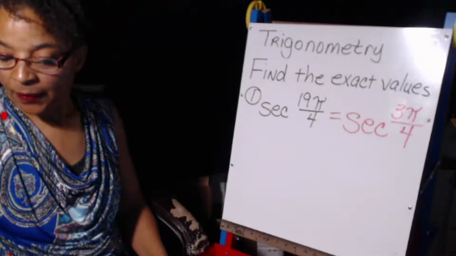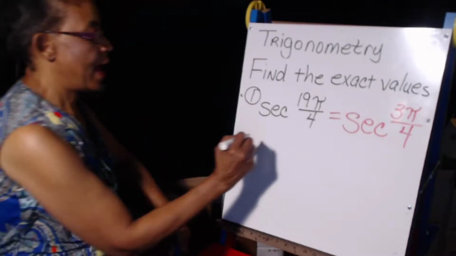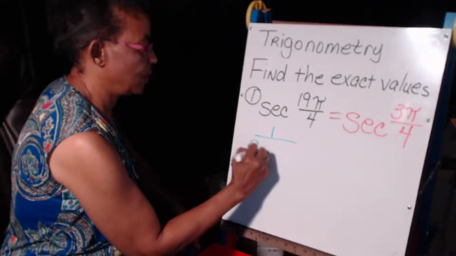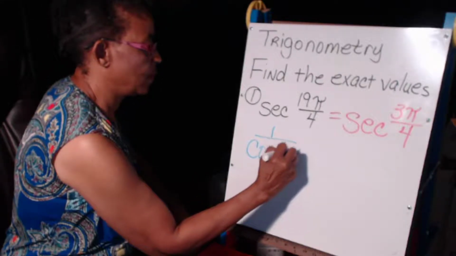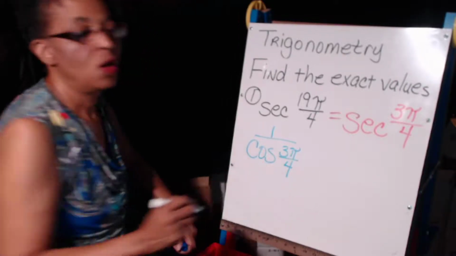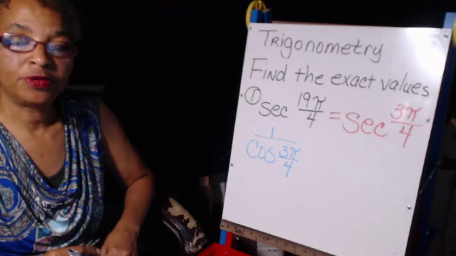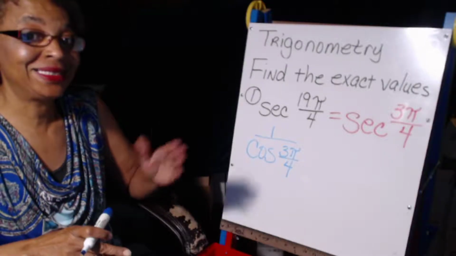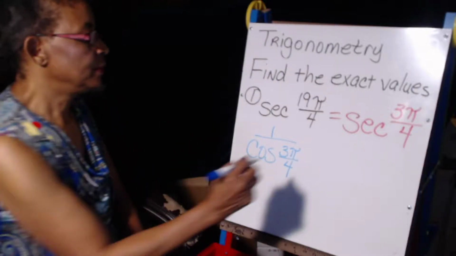So we have 1 over the cosine of 3 pi over 4, which is actually a 135-degree angle, which is in the second quadrant.